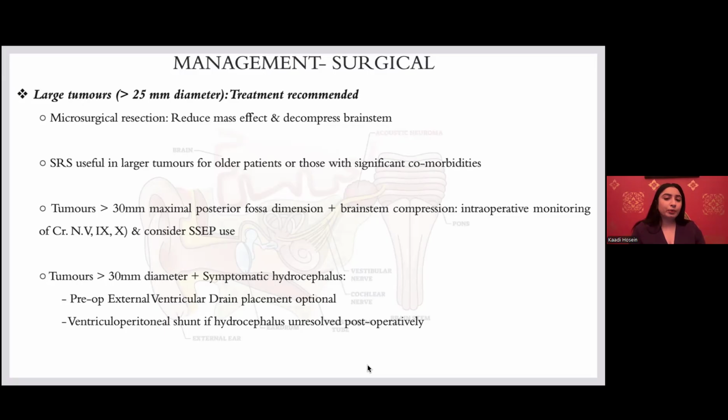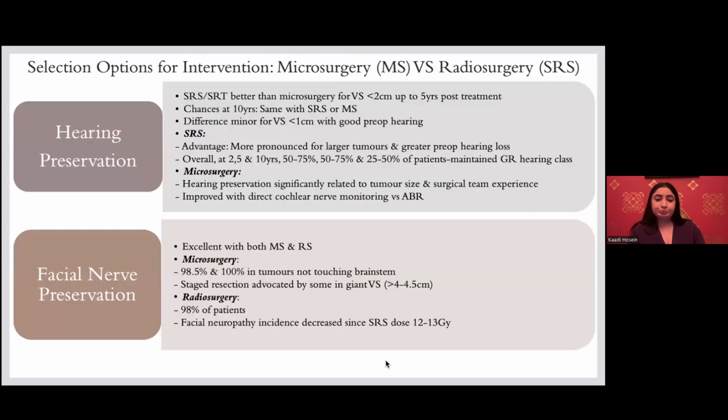Larger tumors may be approached by a staged surgical approach to debulk the tumor and preserve facial nerve function, with a planned subtotal resection followed by radiation. And for these tumors more than 30 millimeters, such an approach seems to lead to improved results in terms of the facial nerve function postoperatively.